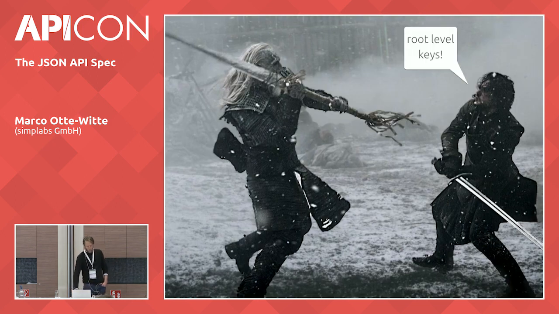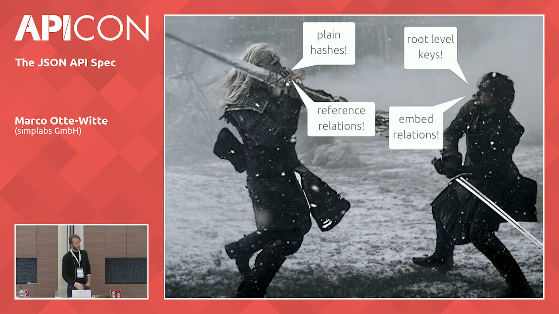And fights might take a lot of time and a lot of energy, but they're actually pointless, because the point with all these options is that you choose one, not so much which one you choose, because in the end it doesn't matter whether you use snake case or kebab case. It's the same thing. You just have to agree on one.